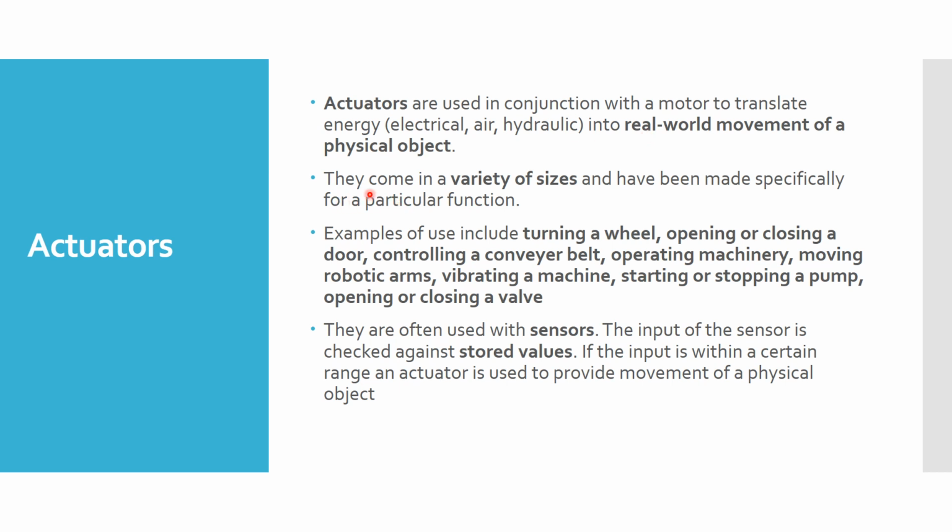It comes in a variety of sizes and is made specifically for a particular function. Examples where we can use actuators are turning a wheel, opening or closing a door, controlling a conveyor belt, operating machinery, moving robotic arms, vibrating a machine, starting or stopping a pump, and opening or closing a valve.